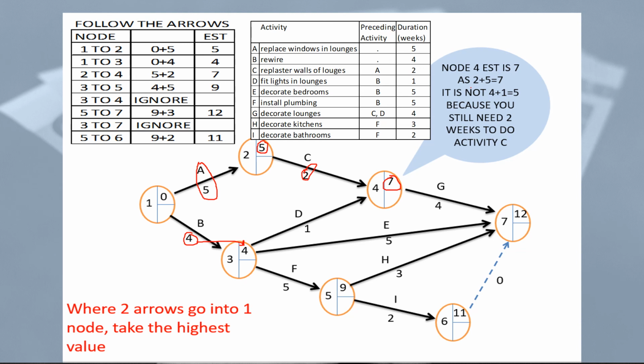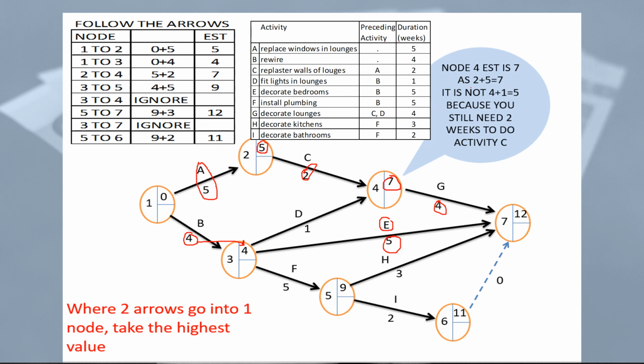At the same time, we've got E, decorating the bedrooms, which is 5 weeks. Okay, so we take the longest period of time. So 7 plus 4 here is equal to 11. 5 plus 4 here is equal to 9.